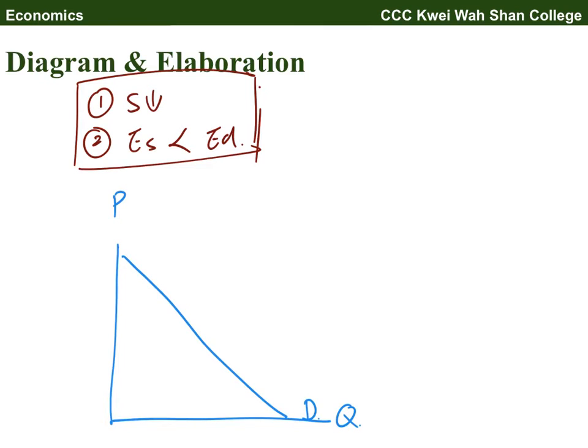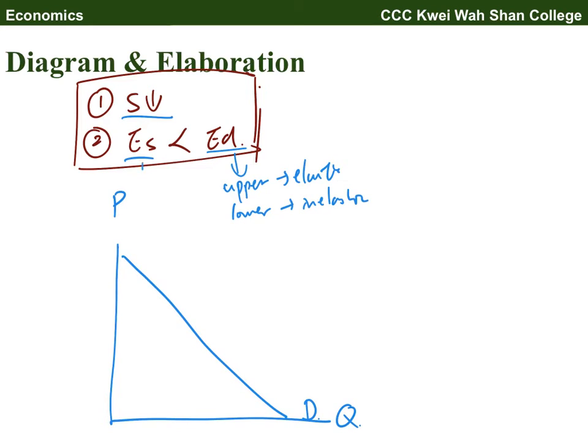Okay, so let's draw the diagram. First, we have to draw a supply decrease, and second, show the elasticity. So we have to think about how to show the elasticity. Remember, for the elasticity of demand, the upper part is elastic, and the lower part of the demand curve will be inelastic.